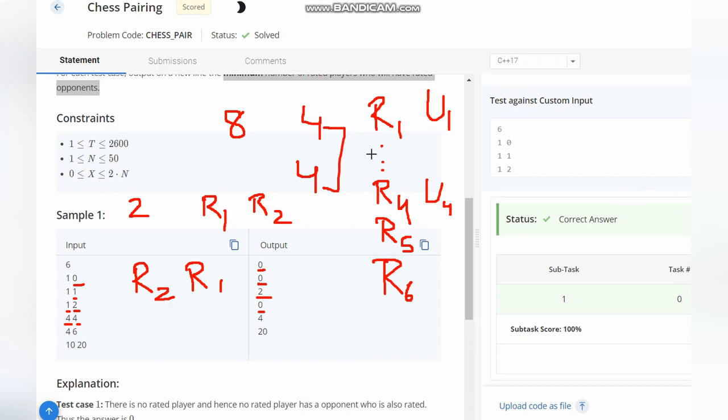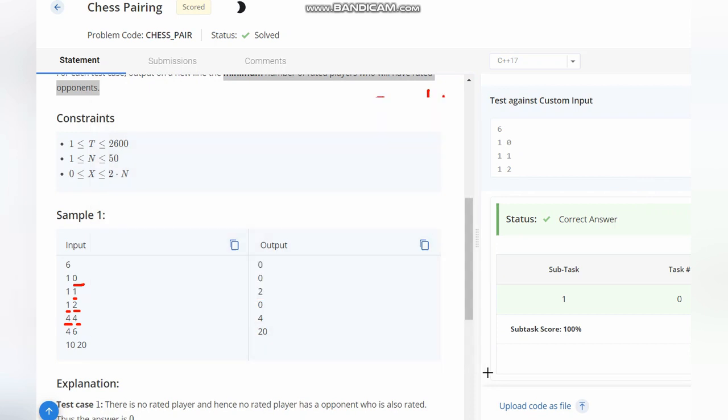So now let's look at how we can visualize this and write the code. First of all, we need to find the number of unrated players, which is directly 2n minus x. After finding 2n minus x, we get the number of unrated players.